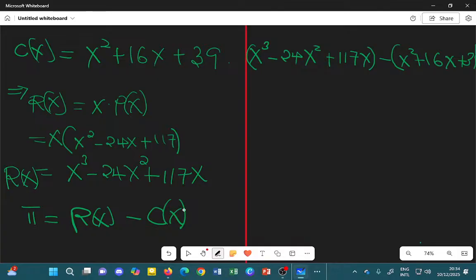So that should give me, first, to subtract the like terms. Of course, the first term is x cubed, then minus 24x squared minus x squared is minus 25x squared.